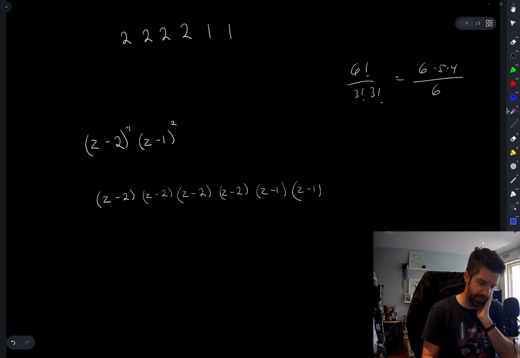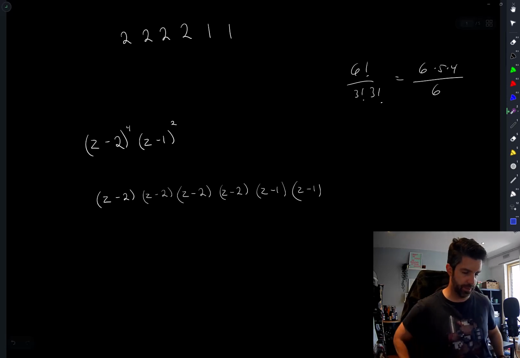There's 20 combinations. Do I want to just go through them one by one?